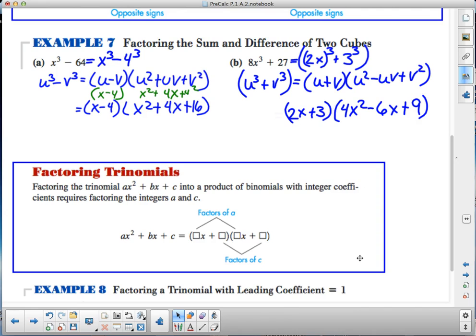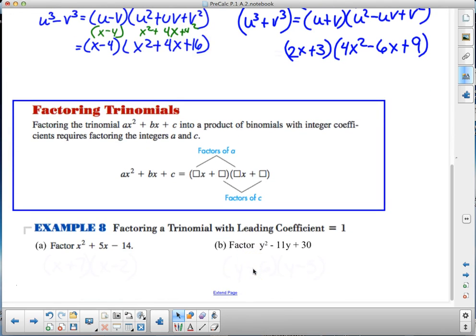Factoring trinomials. Okay, so we've got factors of a, factors of c. You've seen this before. I want you to go after a and b, see how you do. Go ahead, turn it off, and give it a try. Now remember, when you're doing this, you're looking for two numbers that will multiply to be negative 14, but add to be 5.